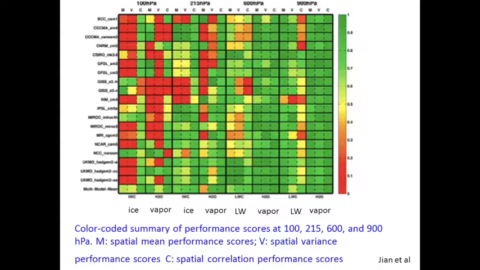Okay, and we see that the ice is the worst. We already had seen in the other Taylor diagram, but here we see that the mean and variance are very bad. And in the water vapor near the surface, all the models can represent well. Okay, so this is another way to show.